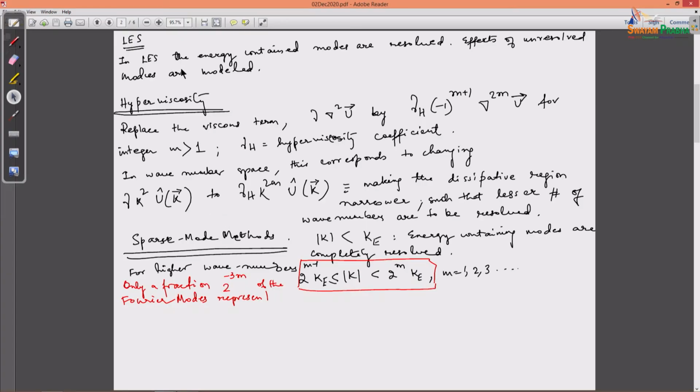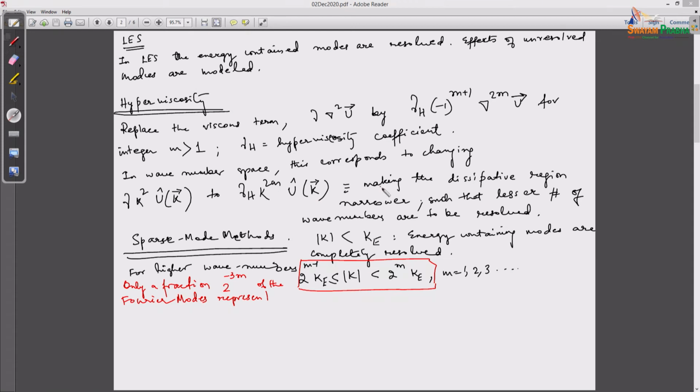So, in LES, only the energy containing modes are resolved. Effects of unresolved modes are basically modeled, right. So these are modeled, while the energy containing modes are actually calculated. Then we use a term called hyperviscosity, nu h, which, in wave number space, makes the dissipative region smaller.